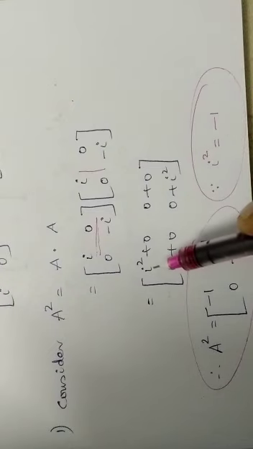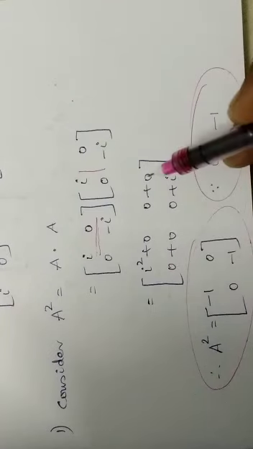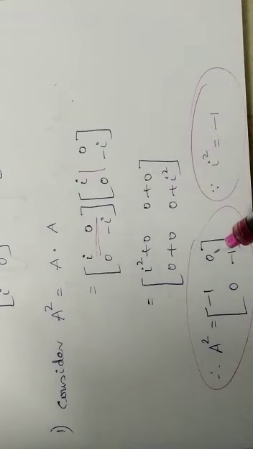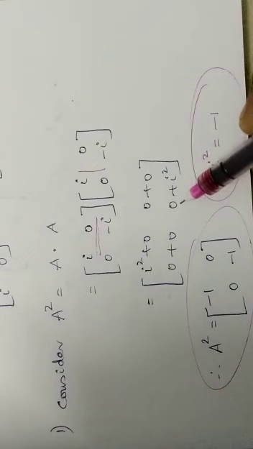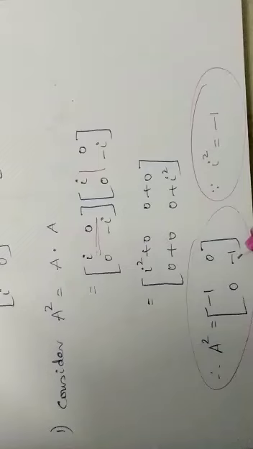So I square, minus 1, plus 0 is minus 1. 0 plus 0, 0. Again this is 0. 0 plus I square value, minus 1. So 0 minus 1 is minus 1. So we got A square value matrix as minus 1, 0, 0, minus 1.